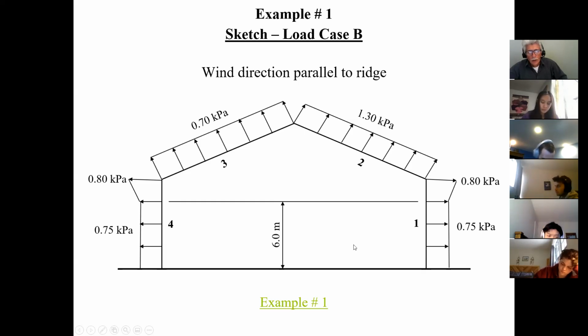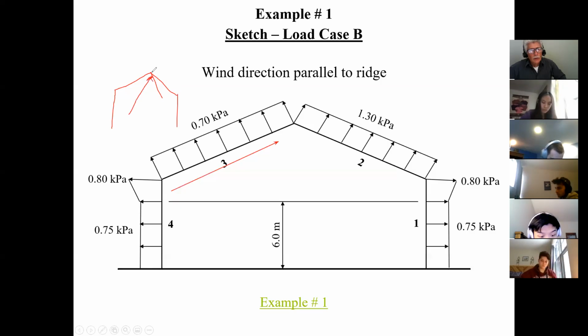Now, I want to ask you guys a question. This is something that I found interesting. The wind is blowing this way, or it's blowing parallel. Here's my building, and the wind is blowing parallel to it.